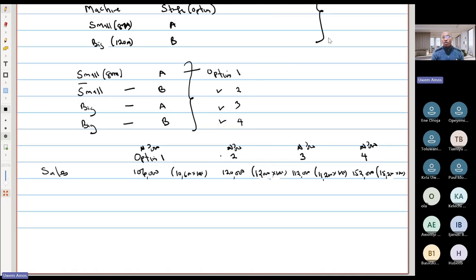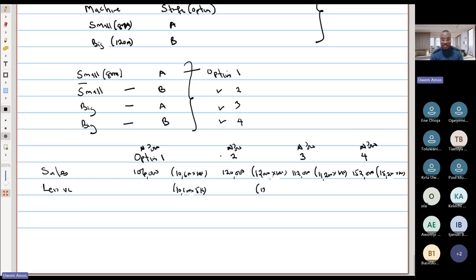The other ones are pretty straightforward. Let's bring in variable costs and all the rest. Less variable cost: variable cost is 5,000 per unit. We're just copying what we've used before, which is 10.6 multiplied by 5K per unit.